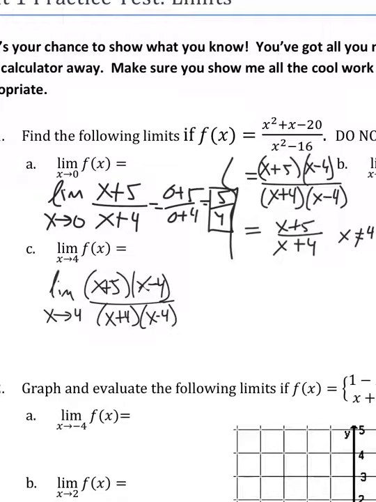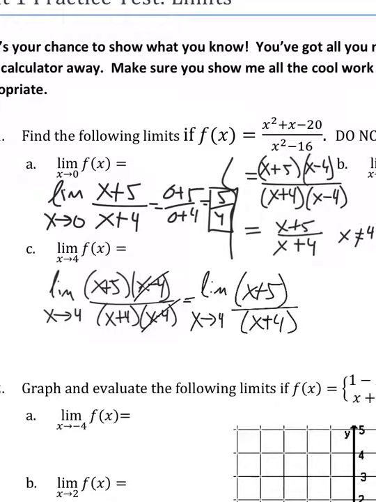Okay, so right now, if you plug in 4, we're going to have 0 on the bottom, 0 on top. But because it's factored, we can see it cancels. This is equal to the limit as x goes to 4 of (x plus 5) over (x plus 4). And so now plugging it in is not a problem. We can do direct substitution. That's just 9 on top over 8, and we're done. Okay.